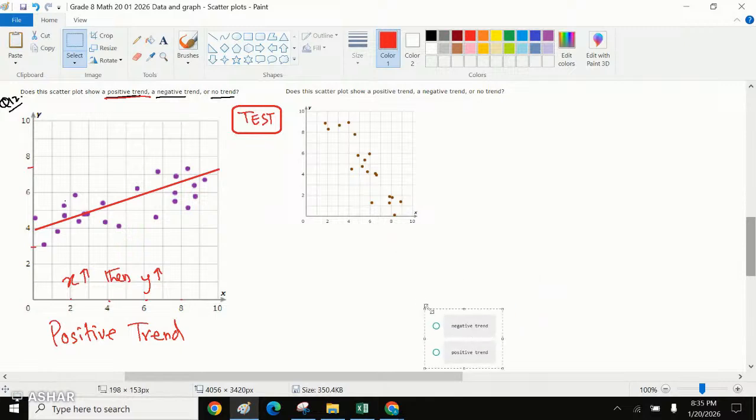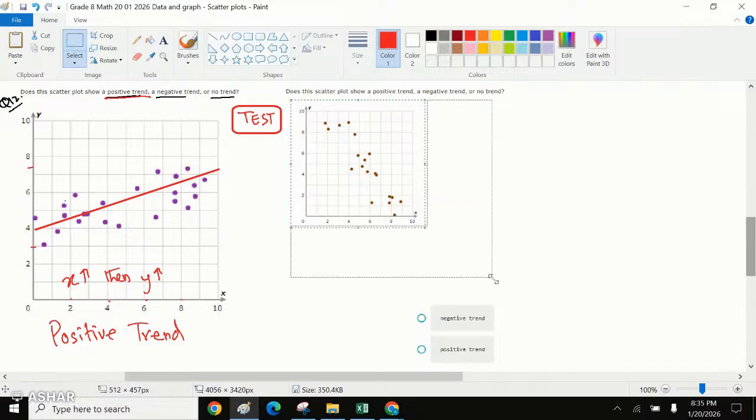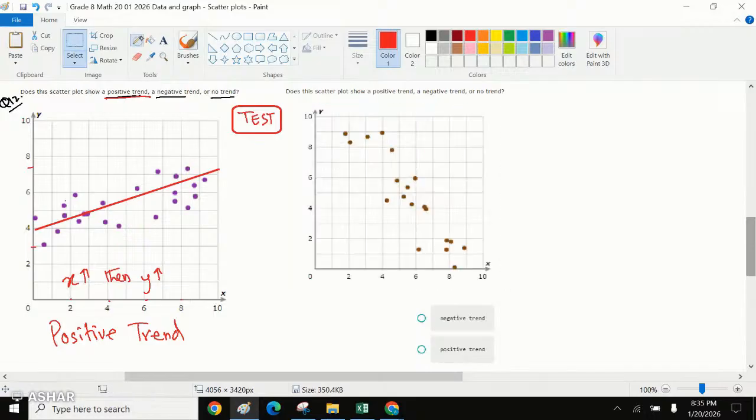They're asking us whether the trend is positive or negative for this given plot. Question number 1. So what should be the answer? Is it a negative trend or is it a positive trend? We already have question number 12 on the screen, the question we did.